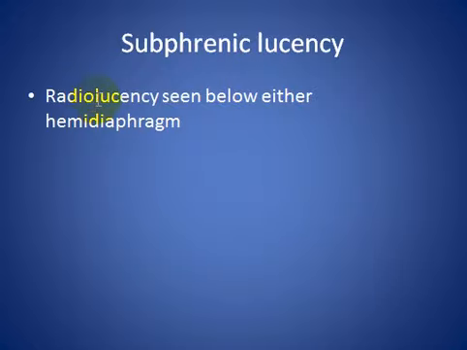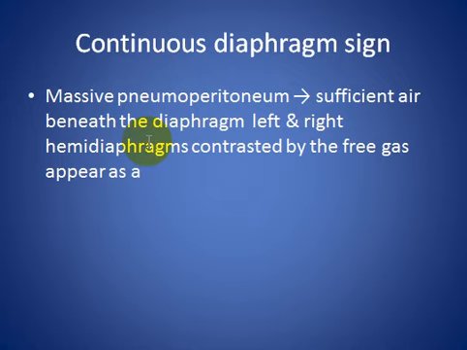Subphrenic lucency, the radiolucency seen below either hemidiaphragm. Continuous diaphragm sign, massive pneumoperitoneum will have sufficient air beneath the diaphragm, left and right hemidiaphragm, contrasted by the free gas.